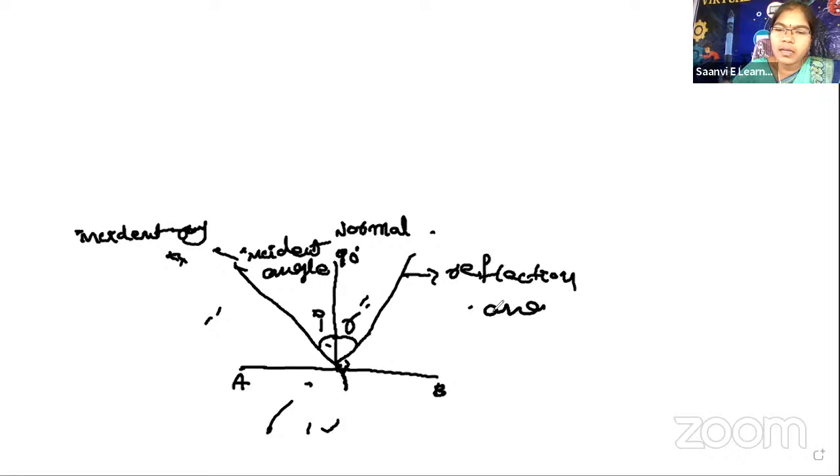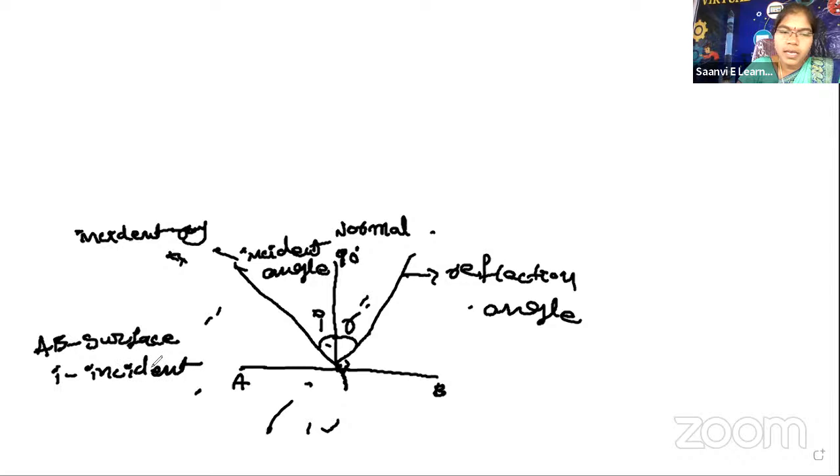AB is a surface, I is an incident ray, and R is a reflection ray. Listen, all of you carefully, because this task 2 activity depends on incident and reflection.